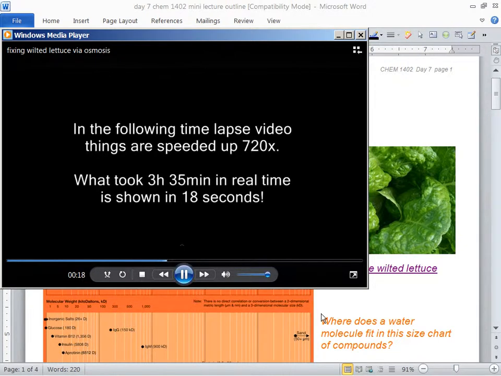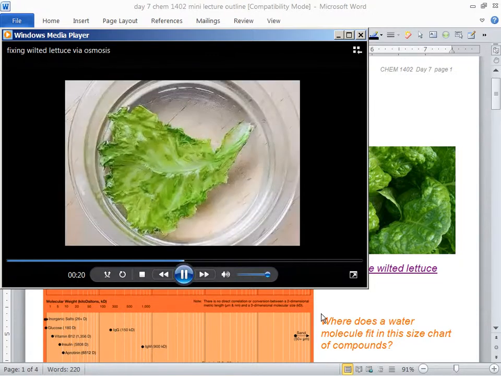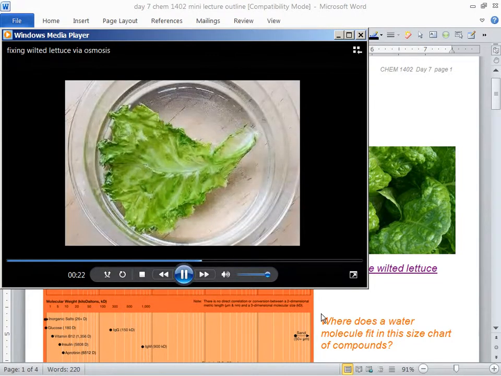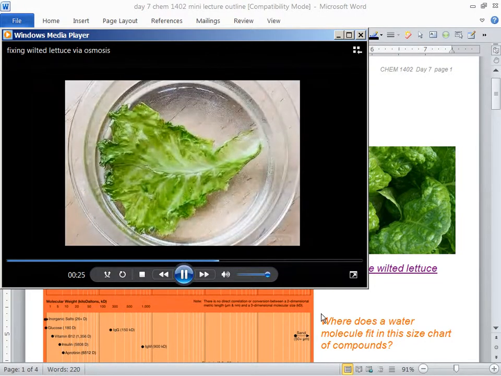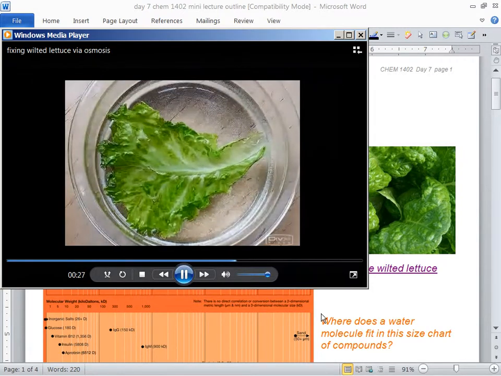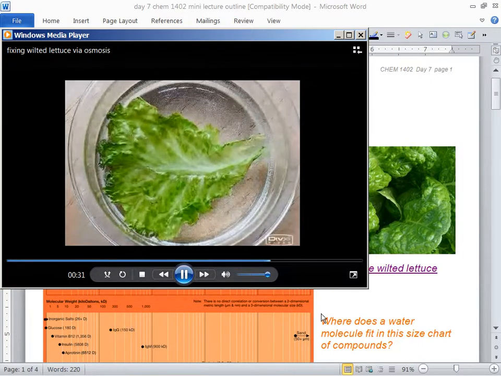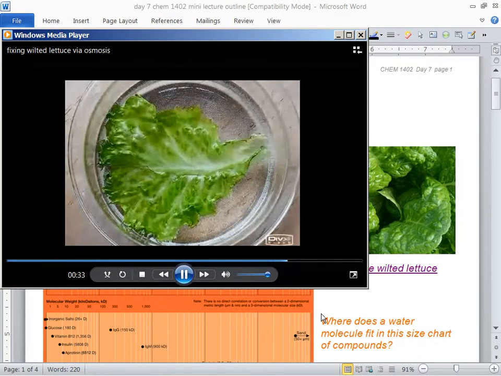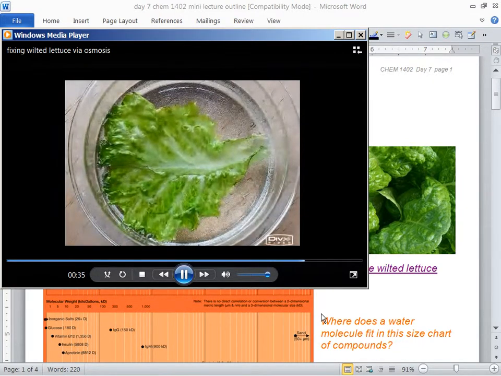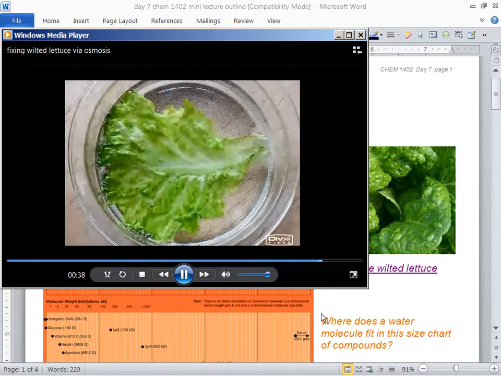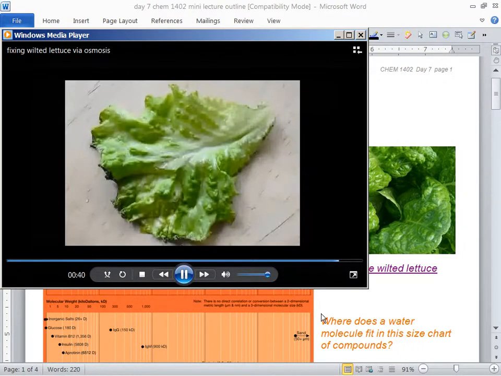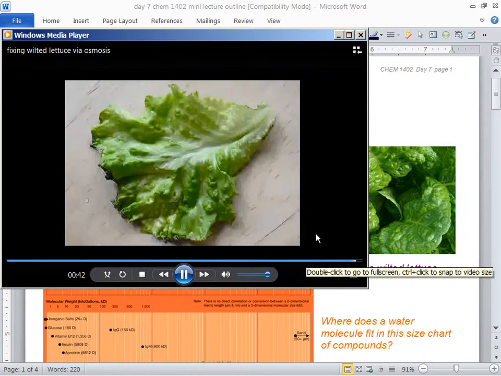Speed it up 720 times. What'd they put the lettuce in? Water. Right? So I don't need to throw that stuff away. Just wait 3 hours and some water.